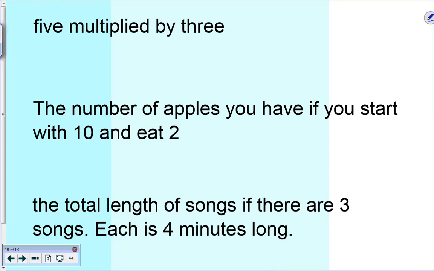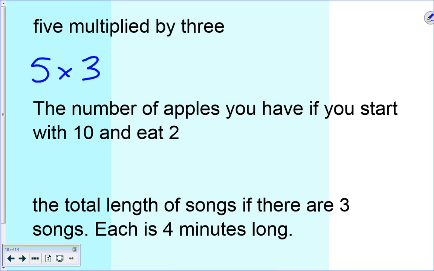What they're going to do is give you an actual sentence, and you have to put it into an expression, using what they give you. So 5 multiplied by 3. Well, that's easy. This is what it looks like. This is where it gets a little trickier, where they actually give you a scenario and you have to put it into an expression.